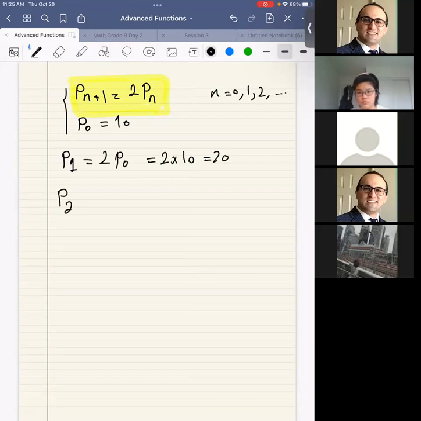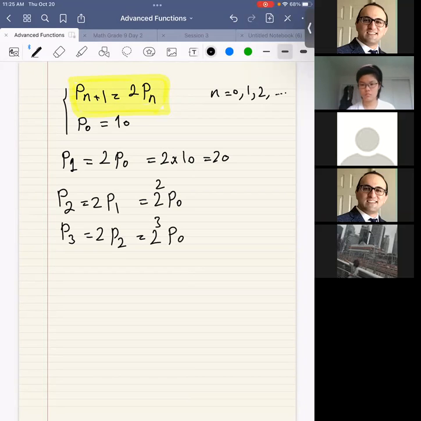But what is P2? P2 is 2 times P1, which is 2 squared times P0, right? And P3 is 2 times P2, which is 2 to the power 3 times P0, and so on. Can you tell me the general formula for P_k?